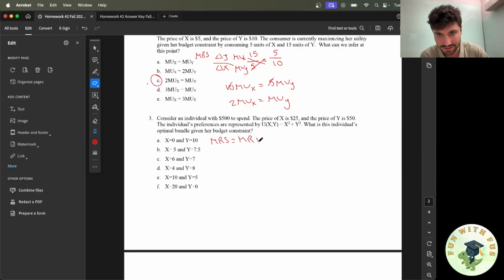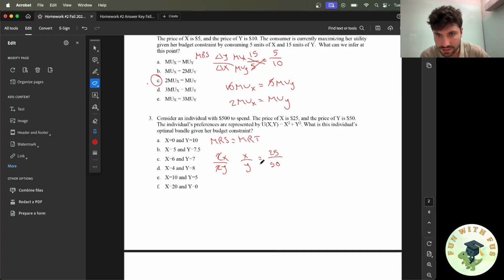That's always going to be our shortcut for everything. So marginal utility of X is going to be 2X over 2Y, and then we're going to cancel. So our MRS is just X over Y, and our MRT is equal to 25 over 50.